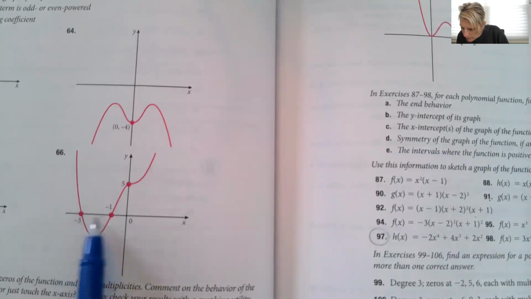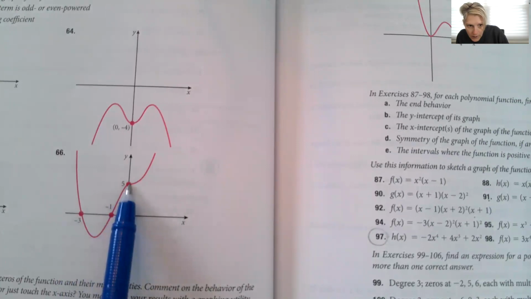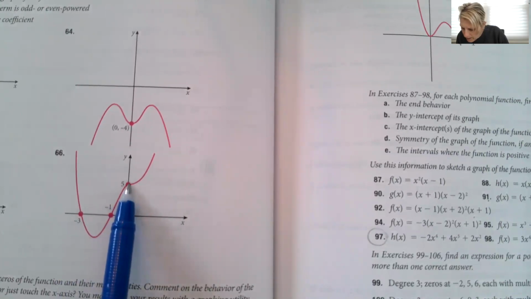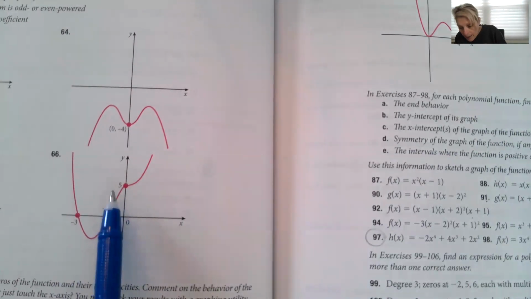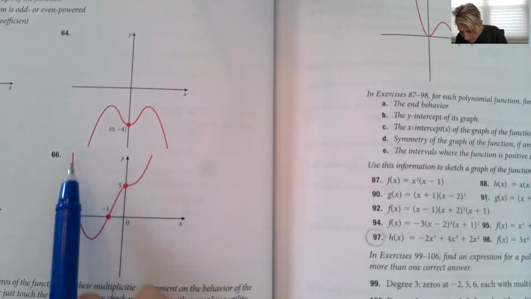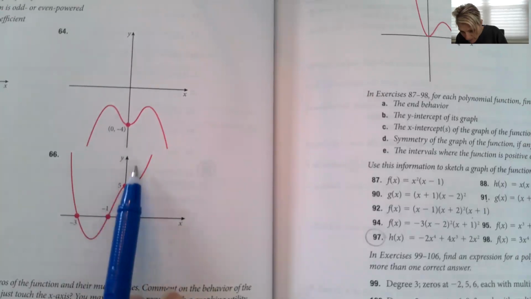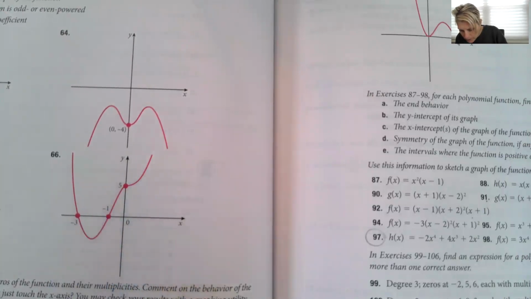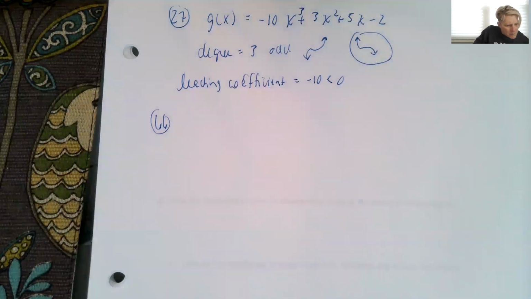So it looks like at -3 and -1. B is the y-intercept, which is right here where we're crossing the y-axis at 0, 5. Whether the leading term is odd or even, they're both face up. So they're both together. So it's even, and the sign of the leading coefficient. And because they're up, it means the leading coefficient is positive.